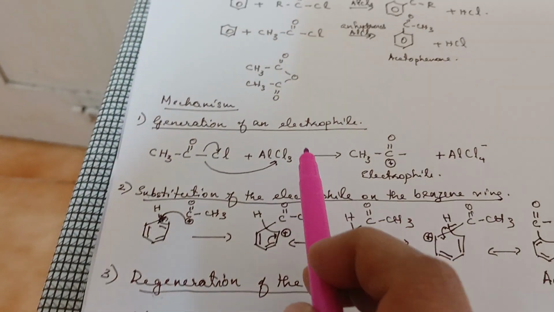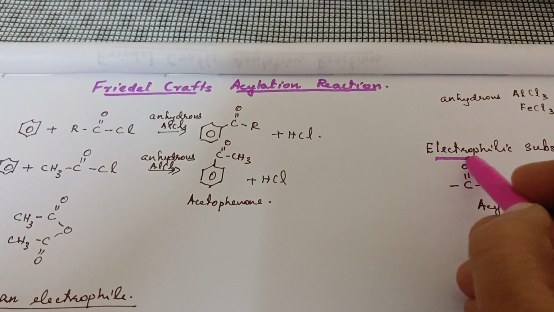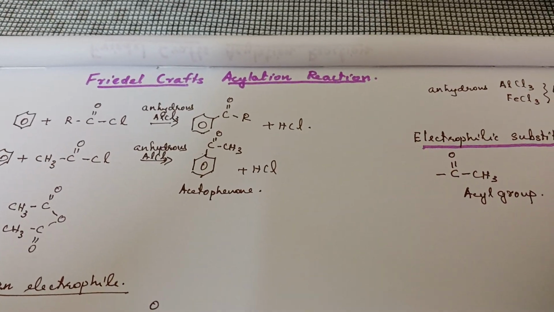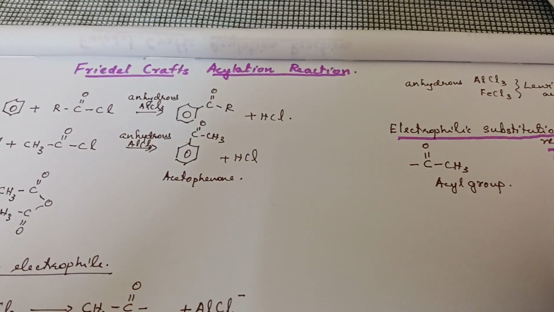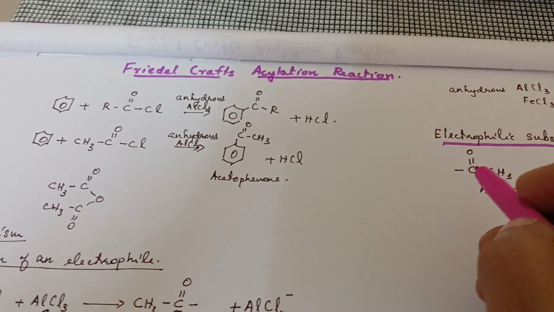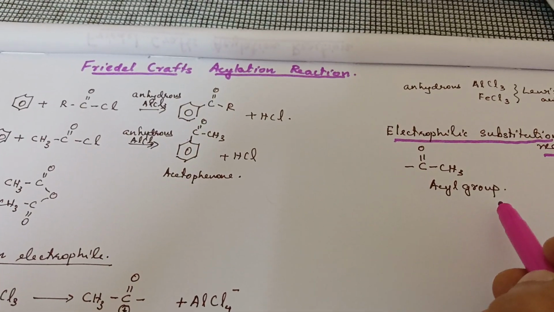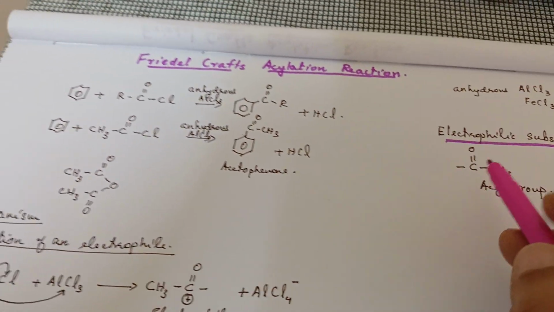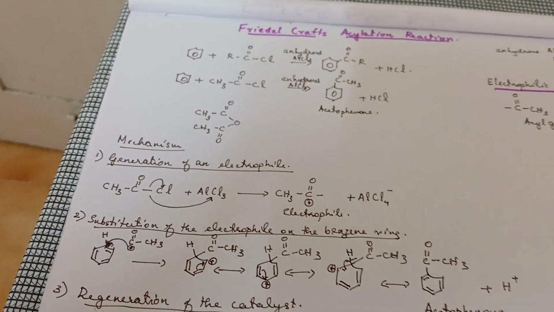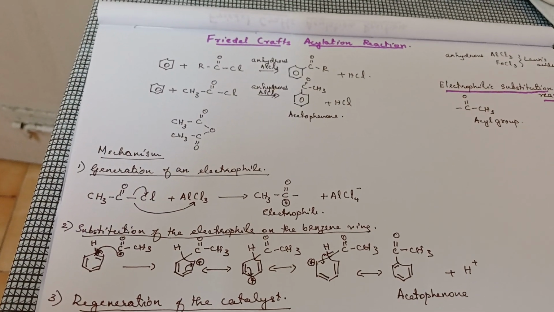First of all, remember that this is an electrophilic substitution reaction. Friedel-Crafts reaction is an electrophilic substitution reaction. The group getting substituted is the acyl group, that is CH3C double bond O, that is substituting a hydrogen on the benzene ring.